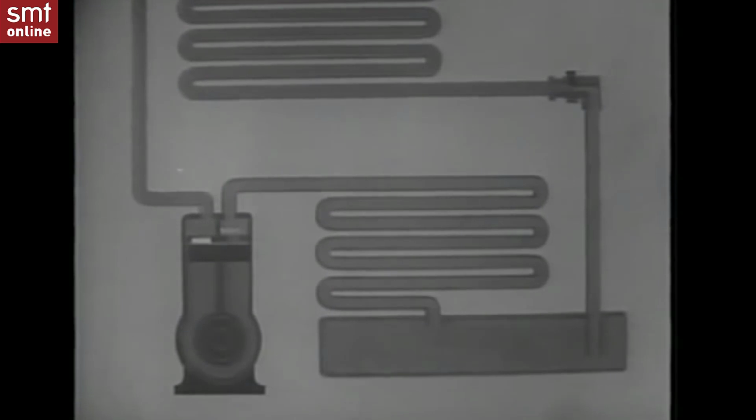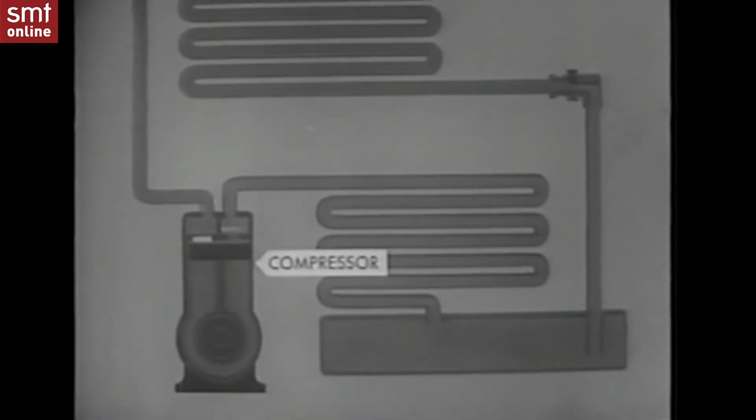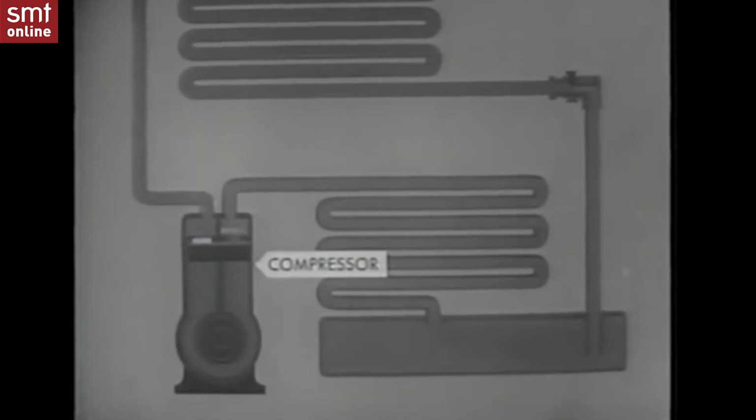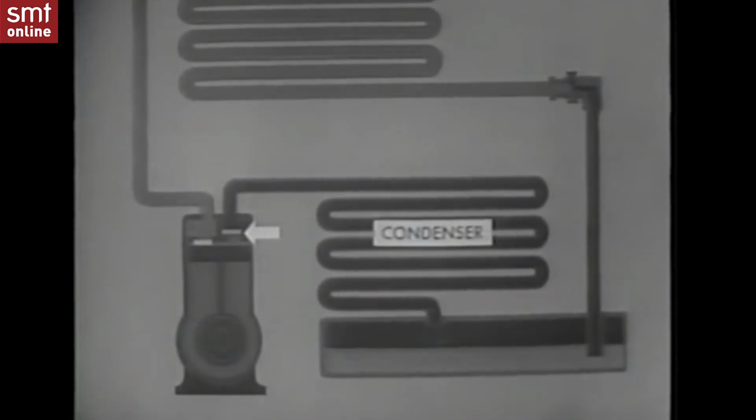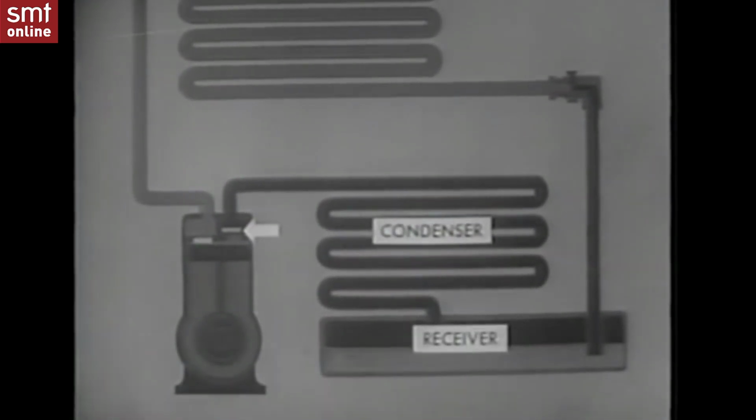System activated by a compressor will be described first. It is divided into the high and low pressure sides. The high pressure side is that portion of the system through which the refrigerant travels under high pressure. This side starts at the discharge valve of the compressor and includes a condenser, a receiver or storage tank, and the liquid line.